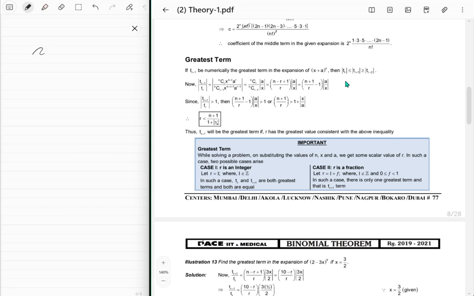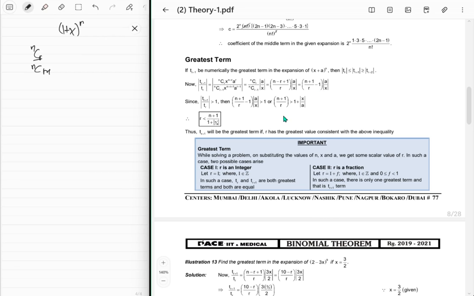Now that's the same thing as saying nC(r) upon nC(r minus 1), sorry. And then you've got (x plus a) power n. Oh, that's different. Let's just go with (1 plus x) power n instead. Yeah, that's better.